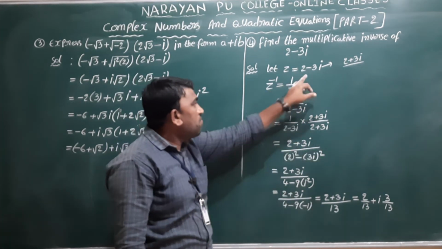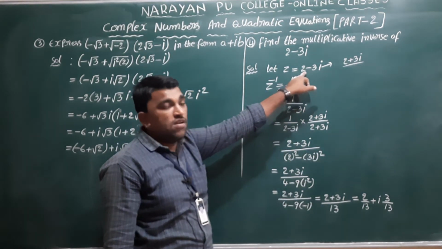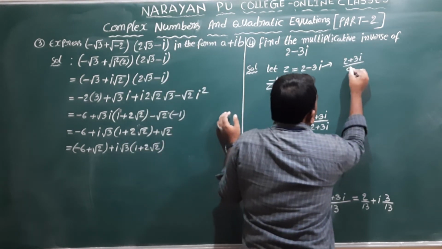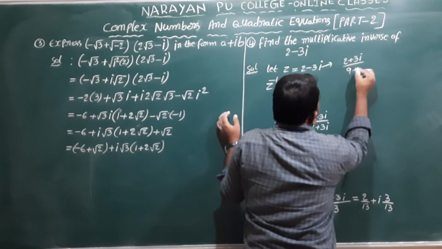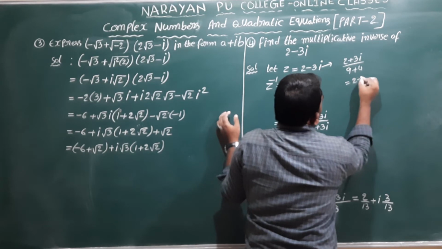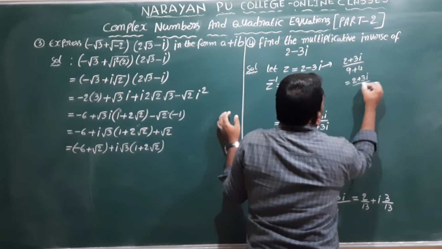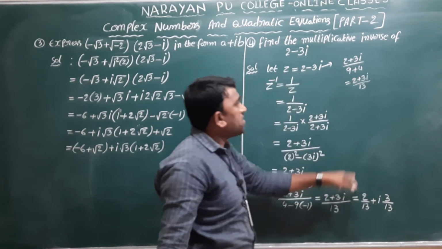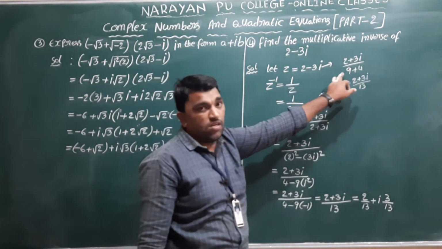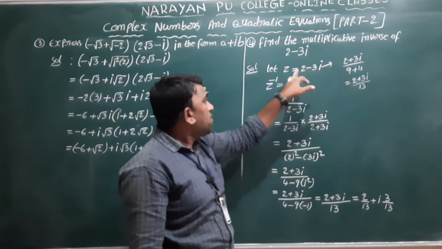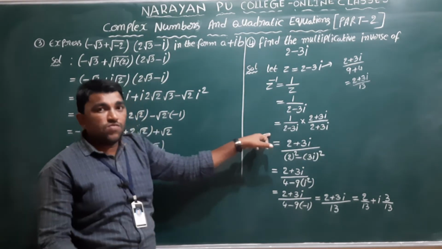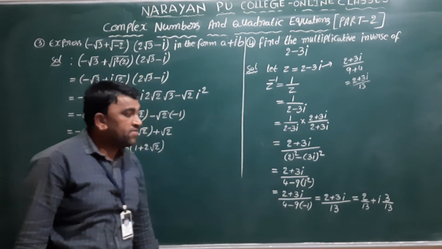So modulus, what will we get? Root over 4 plus 9. Modulus square is 9 plus 4, that is 2 plus 3i divided by 13. So we get 2 by 13 plus i into 3 by 13. This is just for verification only, but don't apply it in the PU exam. You can follow it like this: z inverse is 1 by z, and rationalize that.